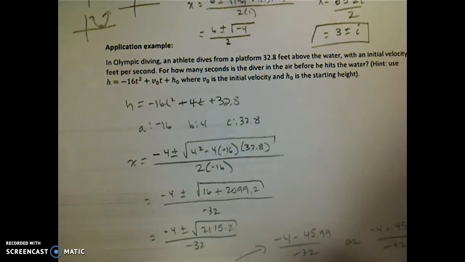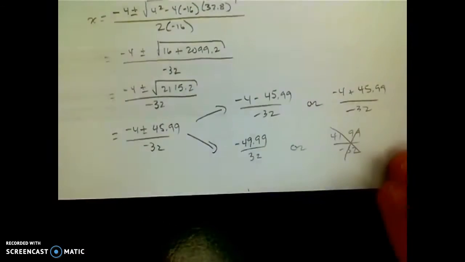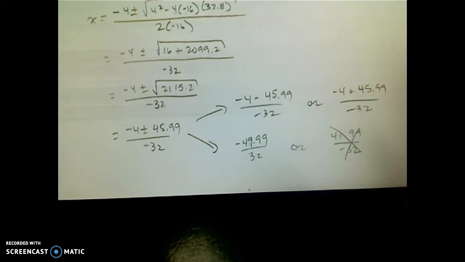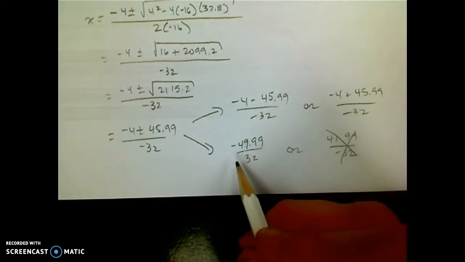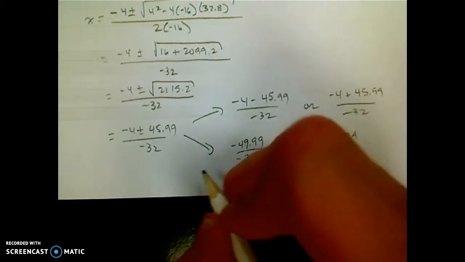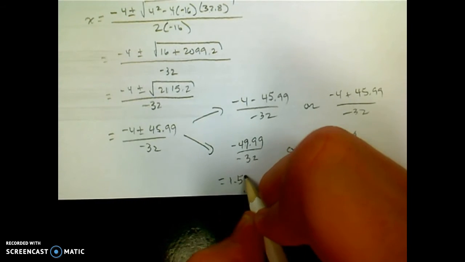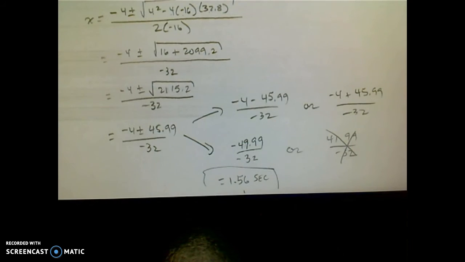So negative 49.99 over negative 32, or 41.99 over negative 32. Well, this answer is going to give us a negative time value, which makes no sense. So let's try this one. 49.99 divided by 32 equals 1.56 seconds. So the diver's in the air about 1.5 seconds before hitting the water.